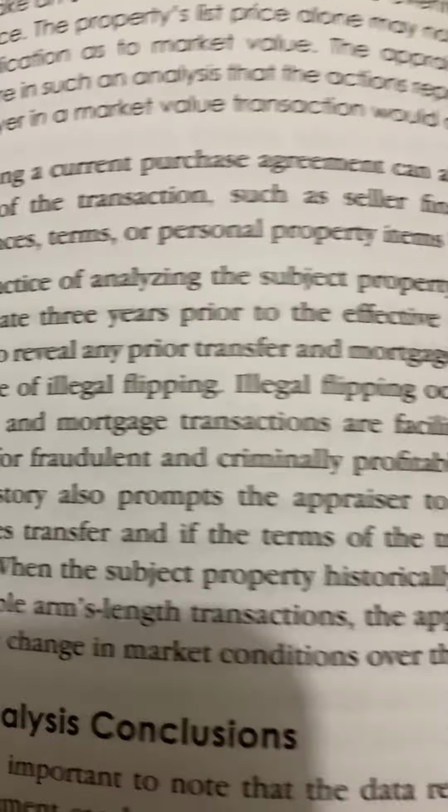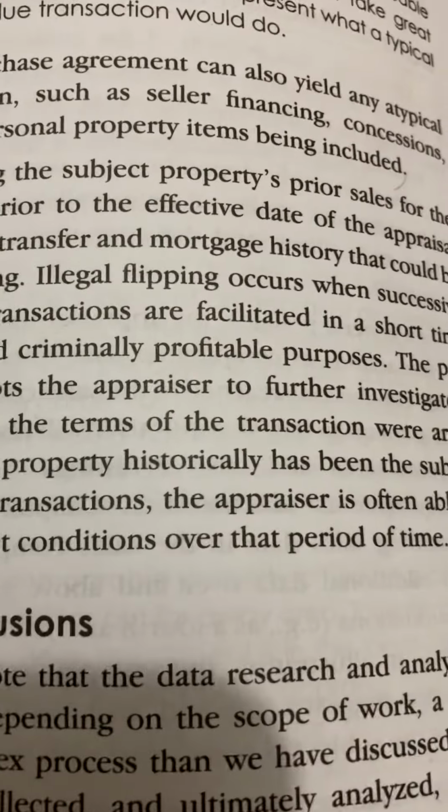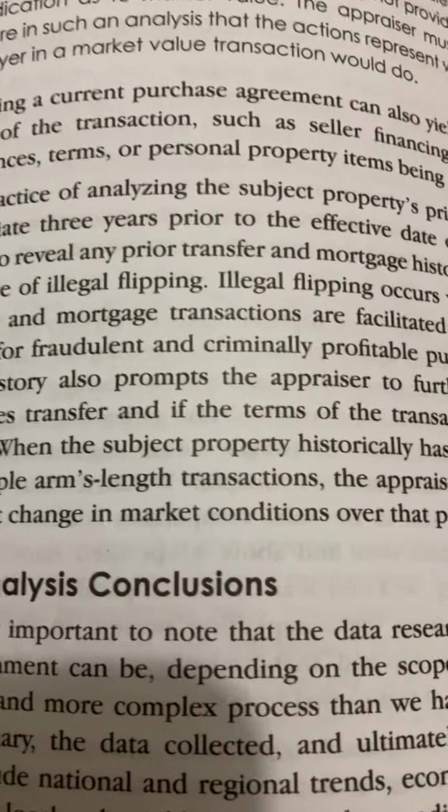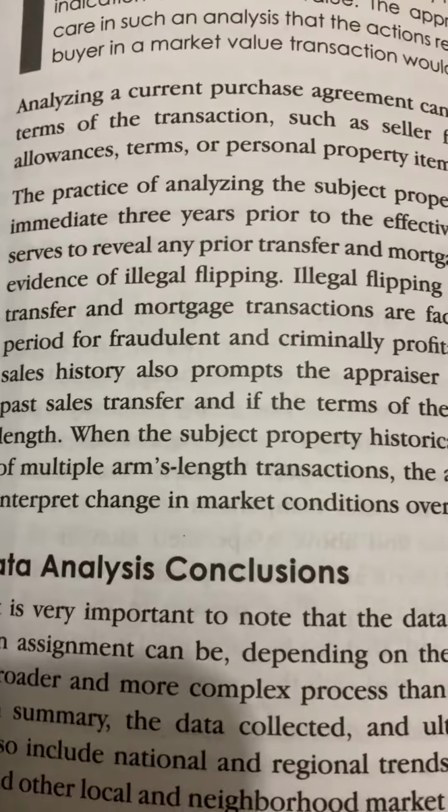Illegal flipping occurs when successive transfer and mortgage transactions are facilitated in a short time period for fraudulent and criminally profitable purposes. The past sales history also prompts the appraiser to further investigate a past sales transfer and if the terms of the transaction were arm's length.